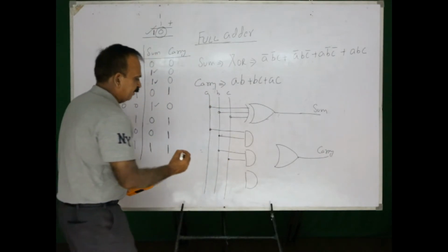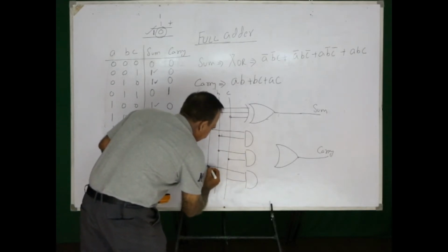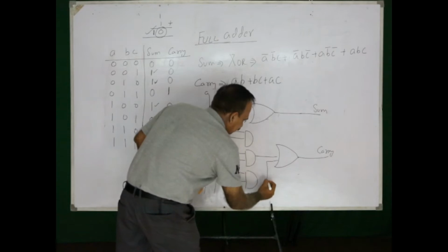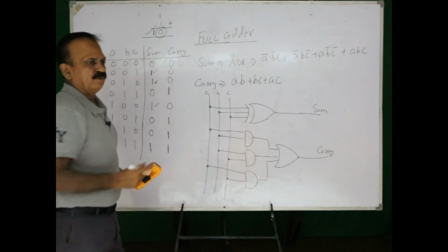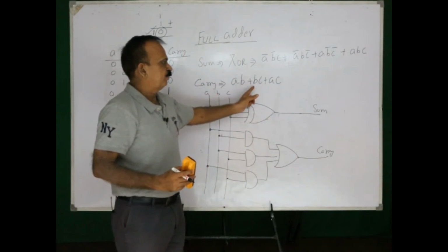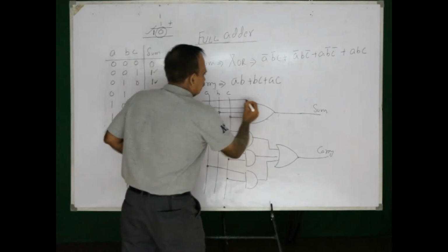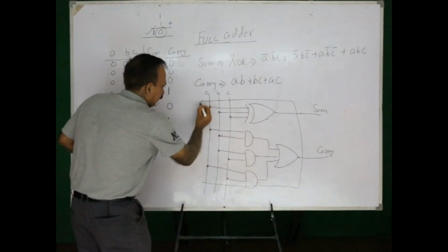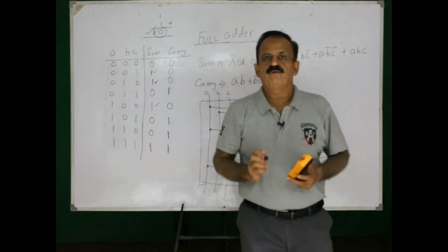The third will be having A and C, and the output will be AC, and all the three values will be added through this OR gate, and the result will be the expression for carry, that is AB plus BC plus AC, and this particular circuit will be representing full adder. Now this block is representing full adder.